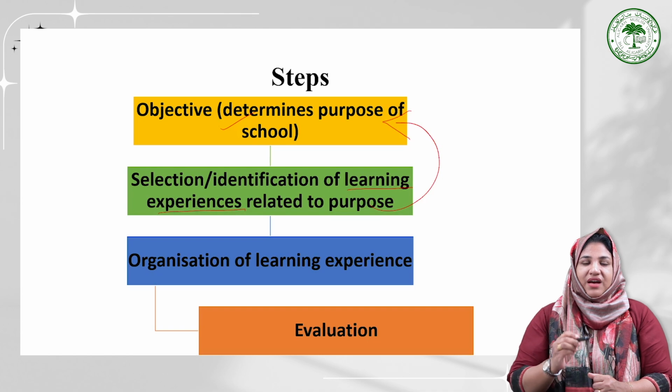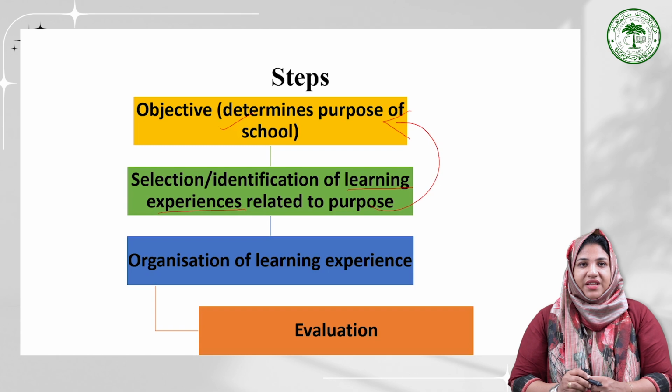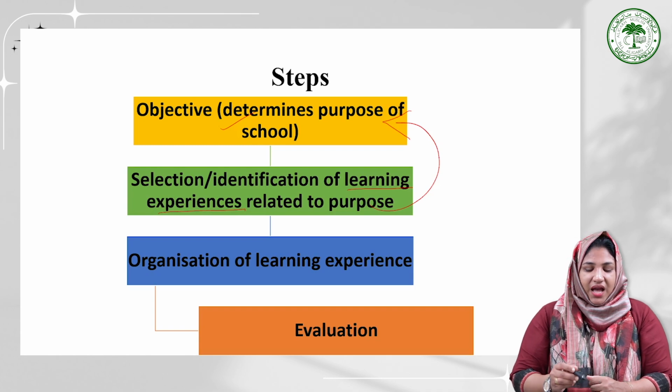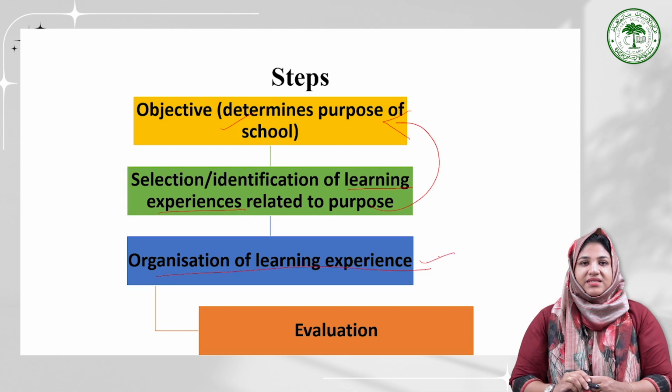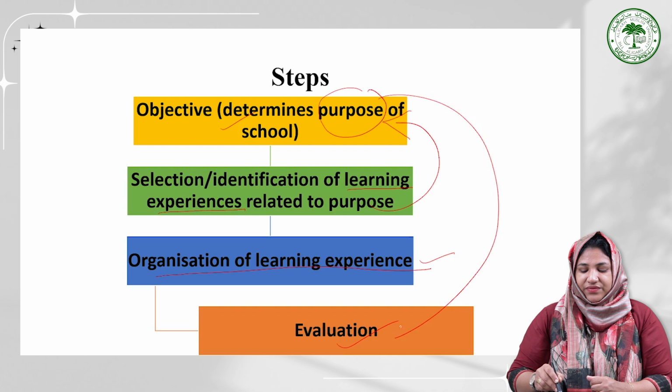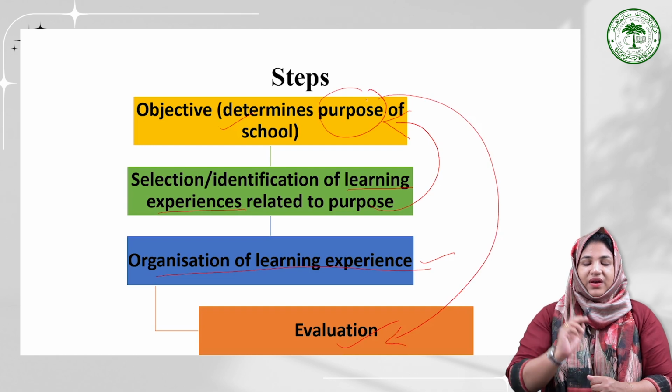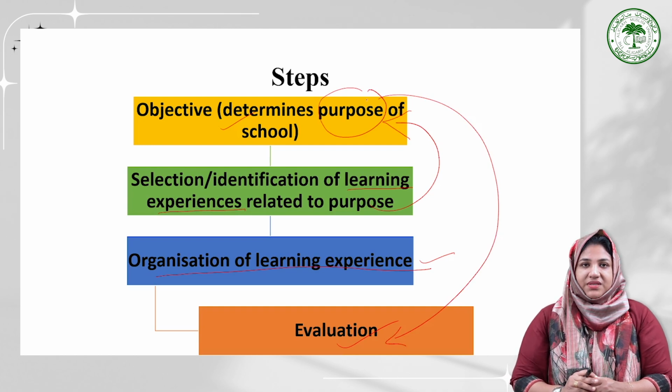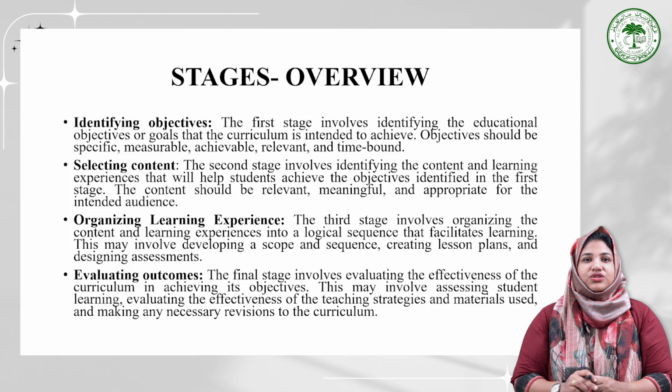Whatever purpose you have set, based on that purpose you have to give learning experiences to the students. Apart from that, how you are going to organize the learning experiences? Organization is very important. And finally, how you are going to check whether the purpose is being satisfied. You have to evaluate whether you have reached the purpose. So these are the major steps, and we will go into detail on these steps.